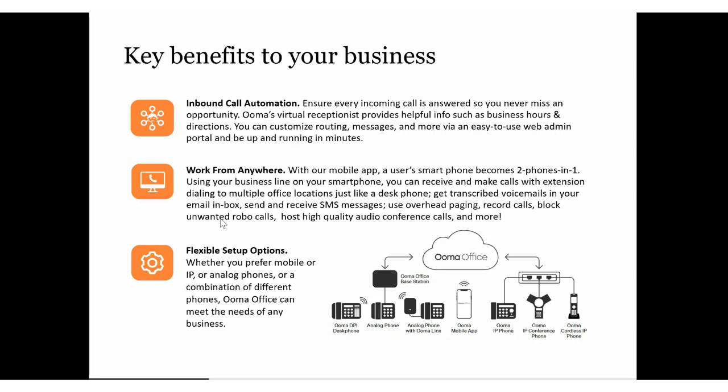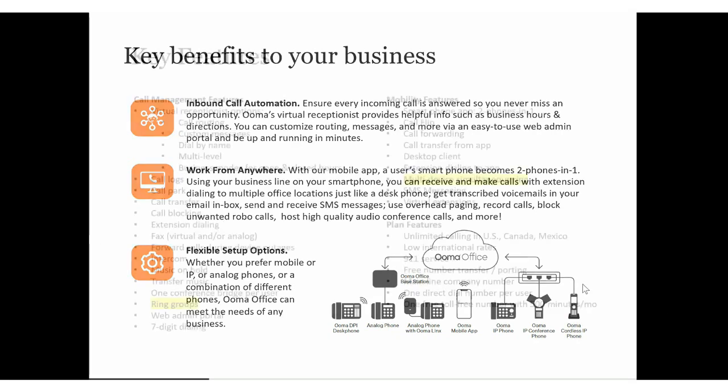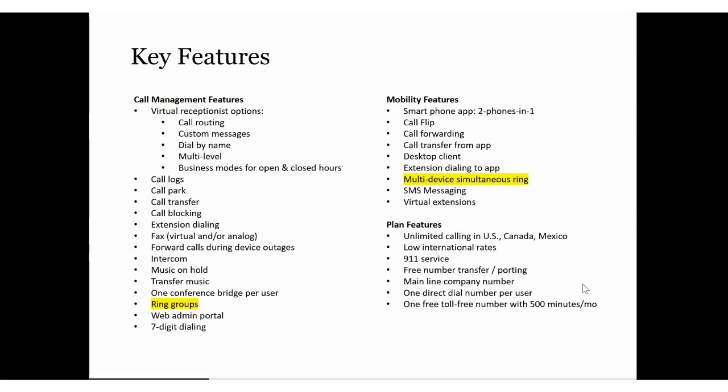So hopefully that gives you a quick reminder, a quick recap. In addition, as it relates to recapping, the key features of Ooma Office. This feature list does not include some of the newer features in Ooma Office Pro. If you are interested in some of those features, it's just $5 more per user per month.